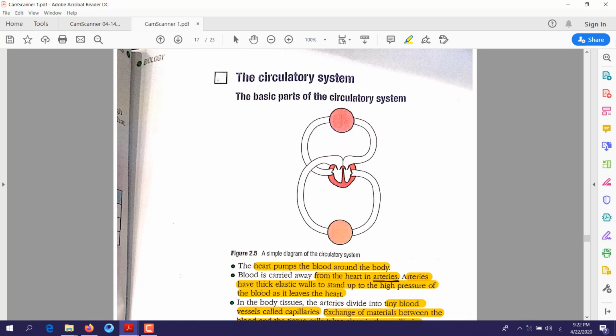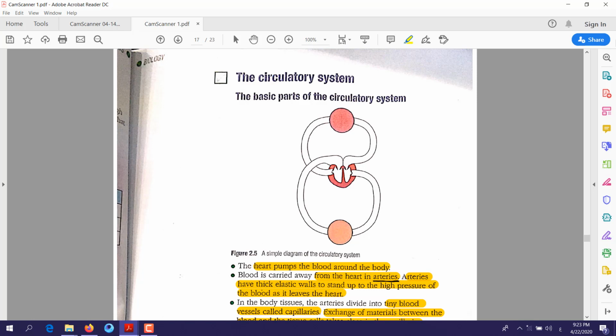What are these organs? The circulatory system consists of these parts. Number one, the heart. The heart is needed to pump the blood around the body. Number two, the blood vessels.